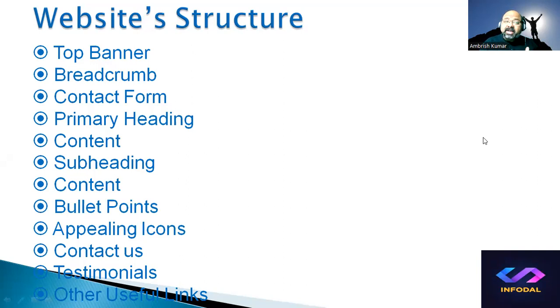Why are a primary heading and content, and a subheading and content, required? Why have I given this in two parts? Suppose your page is about... I hope you are all aware of newspapers. You read the newspaper from time to time.